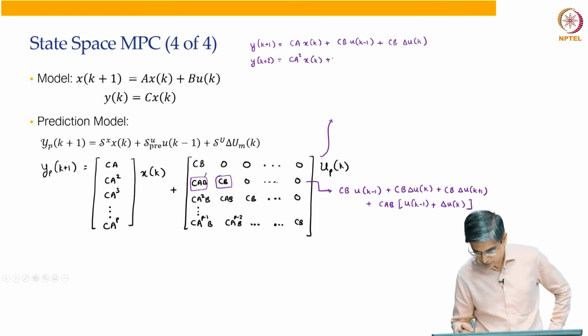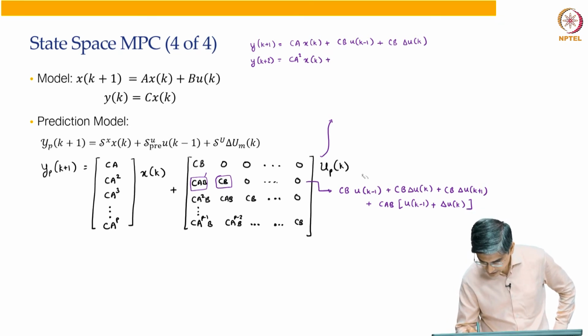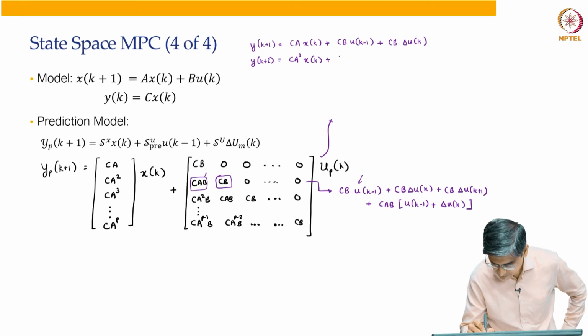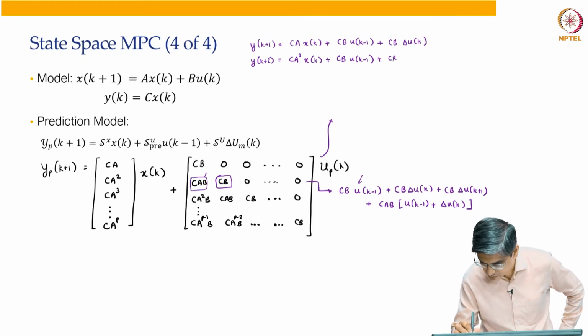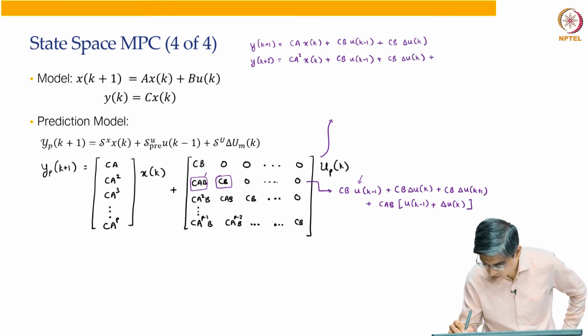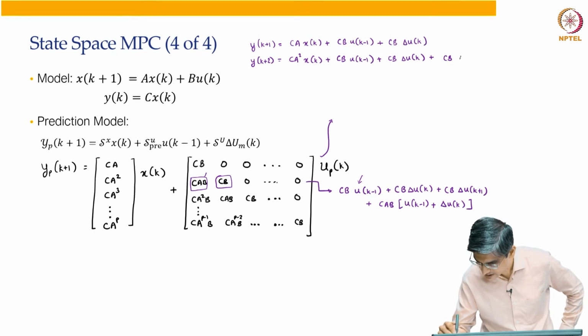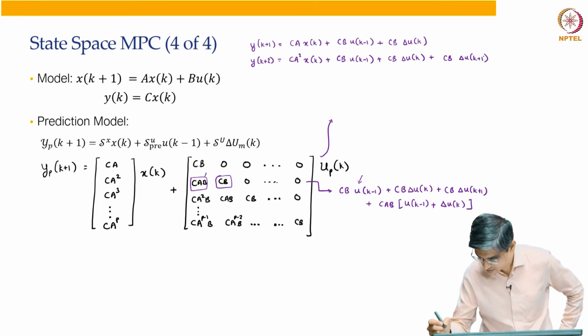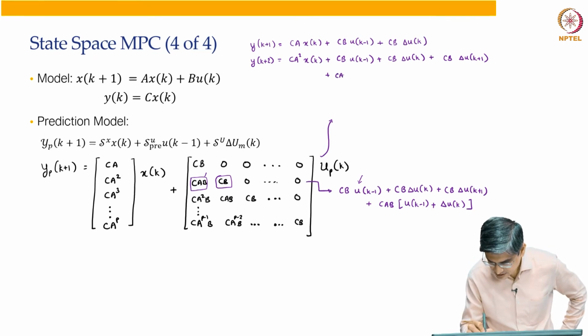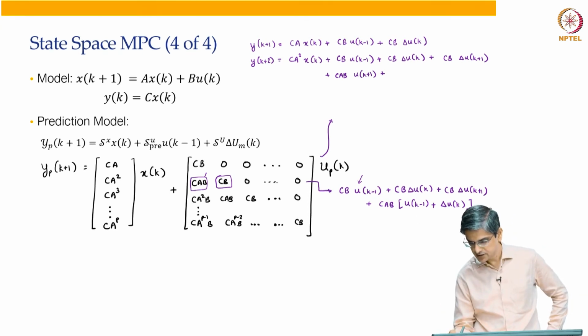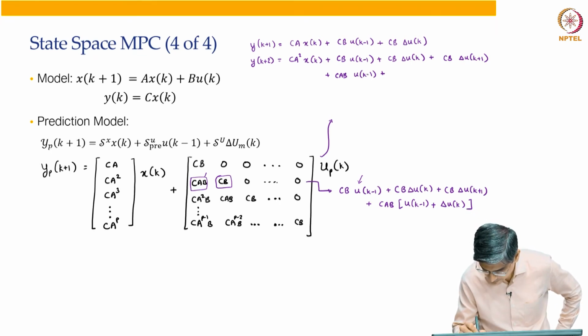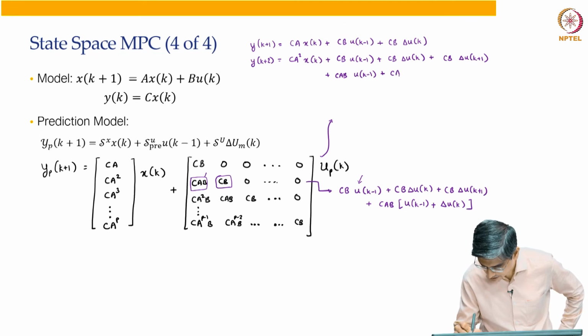Now, you will have Cb multiplied by uk minus 1 plus Cb multiplied by delta uk plus Cb multiplied by delta uk plus 1, plus Cab multiplied by uk minus 1 plus Cab multiplied by delta uk, not k plus 1, k minus 1, plus Cab multiplied by delta uk.